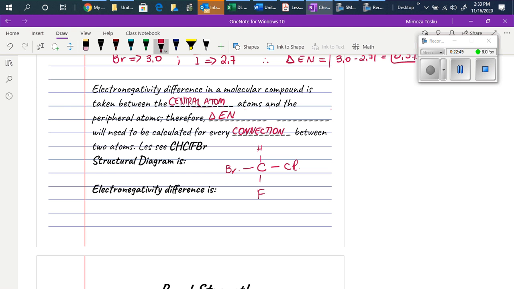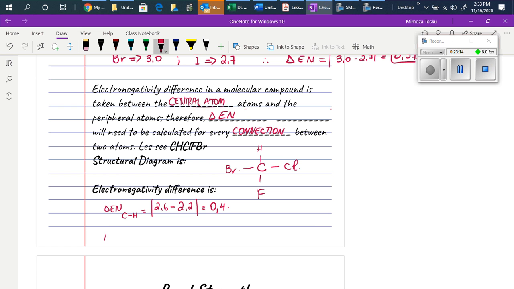Now the electronegativity difference between carbon and hydrogen will be the electronegativity of carbon, which from the periodic table is 2.6, minus the electronegativity of hydrogen, which is 2.2, so it will be 0.4.